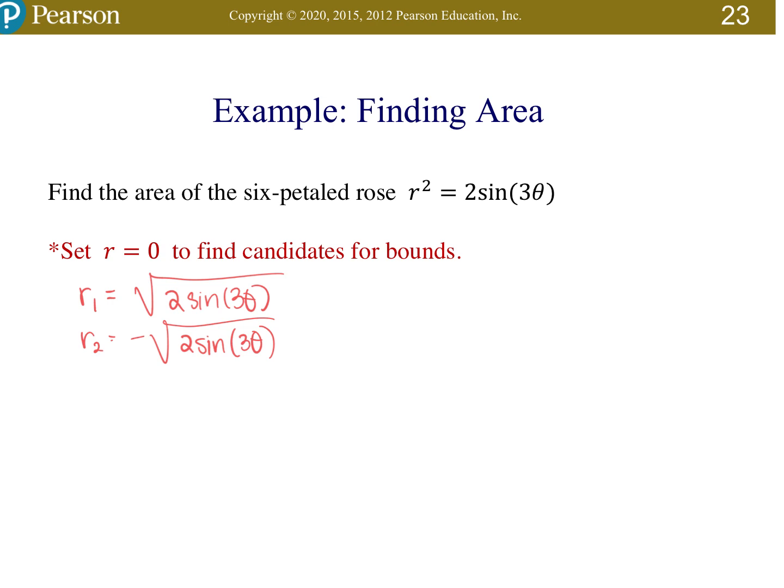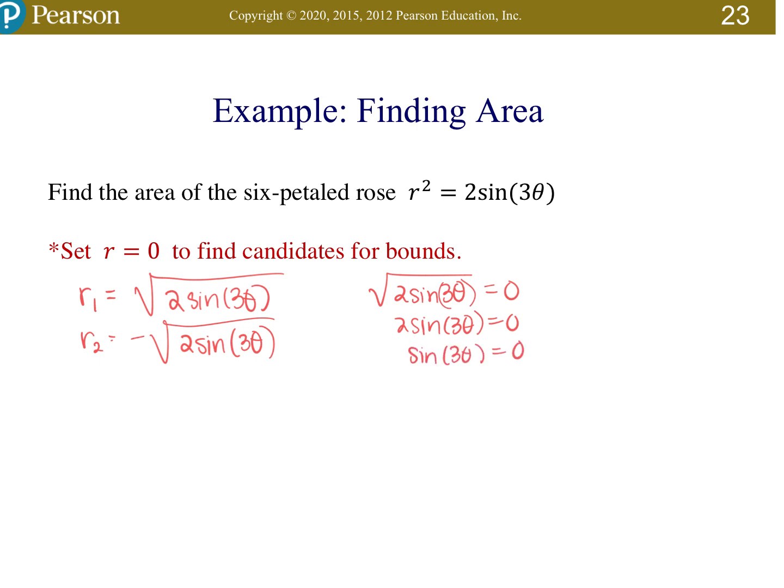All right, so we only need to really focus on one of the petals, because we don't need to do all 6. We can just find one of them and then hopefully remember to multiply by 6. So let's find the bounds just for one petal. To find the bounds for one petal, I take one of the equations and set it equal to 0. So I'll just take 2 sine 3 theta and set it equal to 0, and I square both sides. Still have 0. Divide by 2.